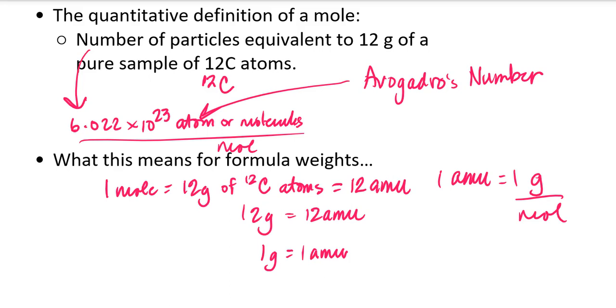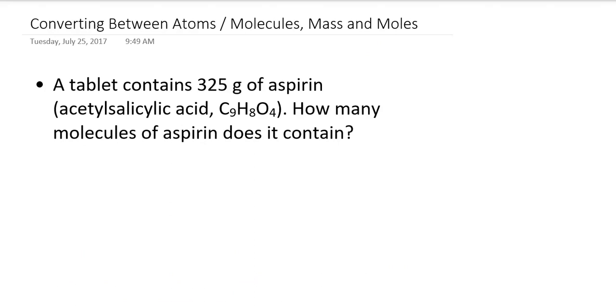As I said before, we're going to take a quick example of how we mathematically convert between units of mass and moles and molecules. So let's take this example problem as a review. It says that I have a tablet which contains 325 grams of aspirin, which is acetylsalicylic acid, and the formula is provided. How many molecules of aspirin does this tablet contain?